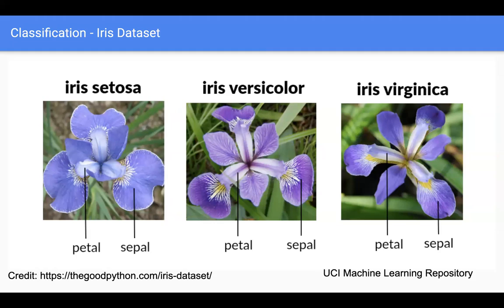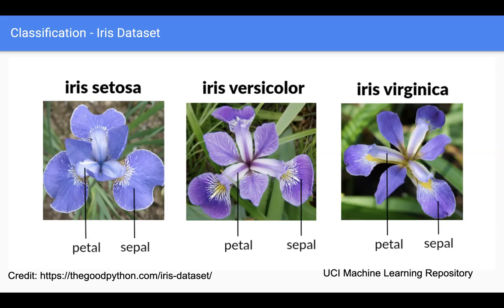For each of these categories, the features, the petal and the sepal, have different dimensions associated with them. Based on that, we can say whether a given flower fits in either of these categories.